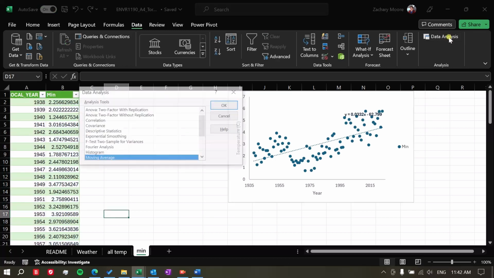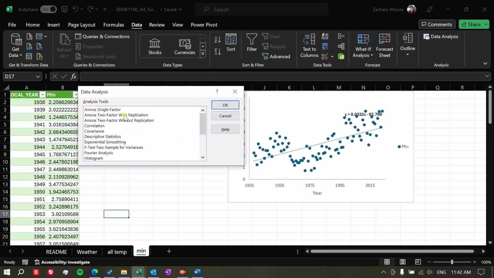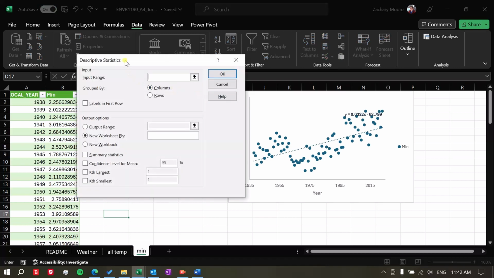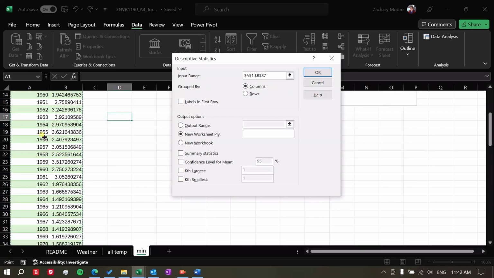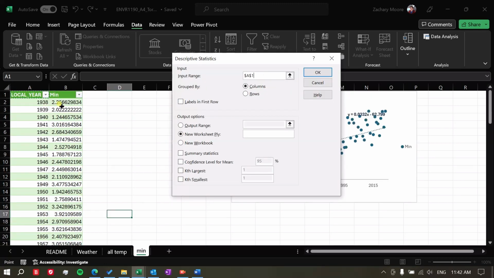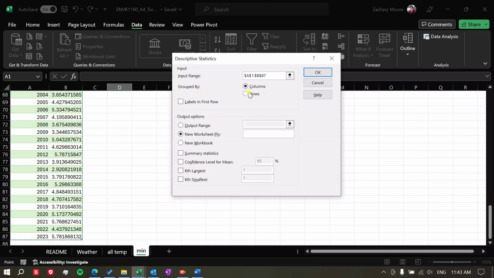So we go to our data tab, we go to data analysis. We have to pick which one we want to use, and we're going to create the descriptive statistics. It asks us what our input range is, and we'll just highlight this whole table. That was by grabbing this one, pressing Shift to the right, and then Control Shift down.